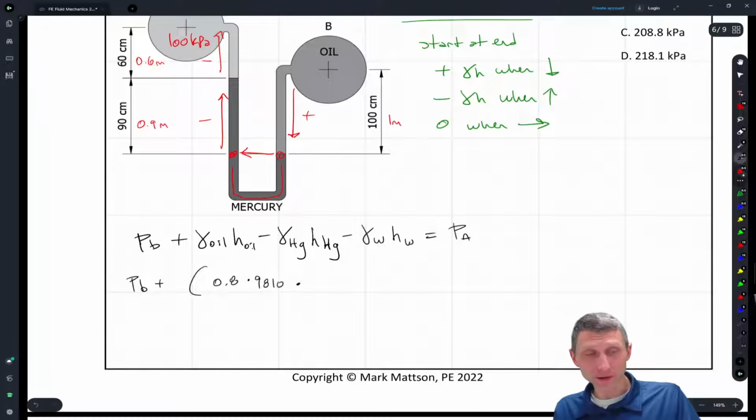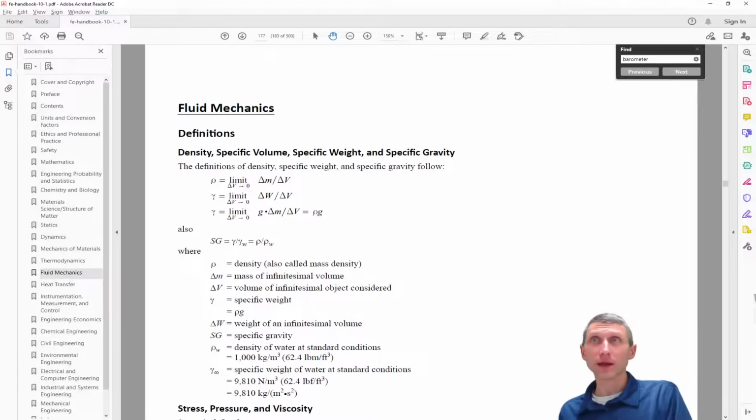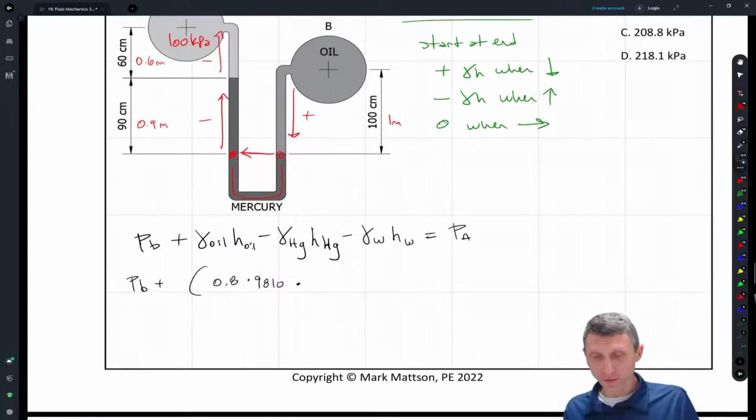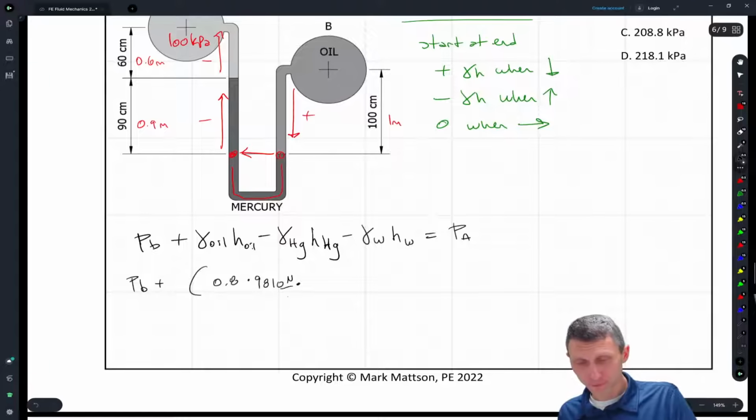So we have our values here, and let's double check one thing. We know this is newtons per meter cubed, so times 1 meter. That's our oil.